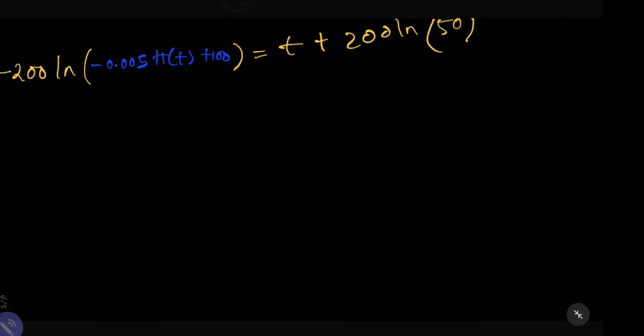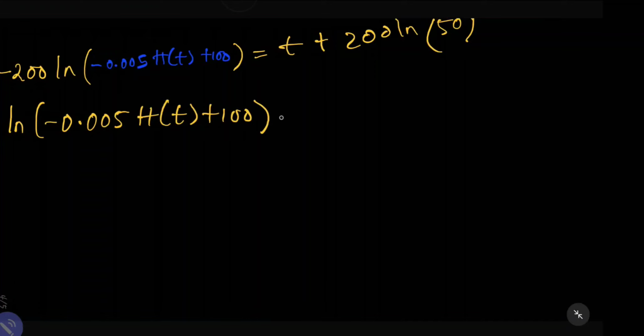So the next thing we're going to do is tear apart all the parts of our left hand side so that we can find an expression for h of t. To do that, we can start by dividing both sides by minus 200. When we do that, for this side we would have natural log of minus 0.005 h of t plus 100 equals t all over minus 200 minus natural log of 50.